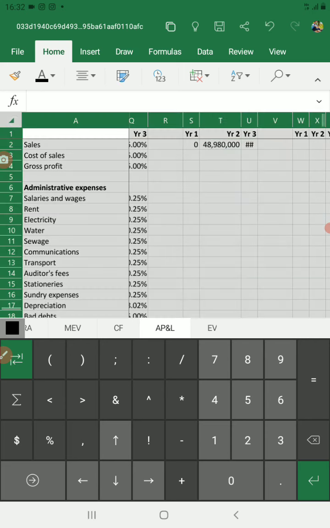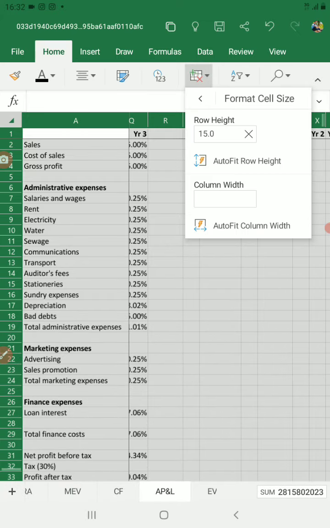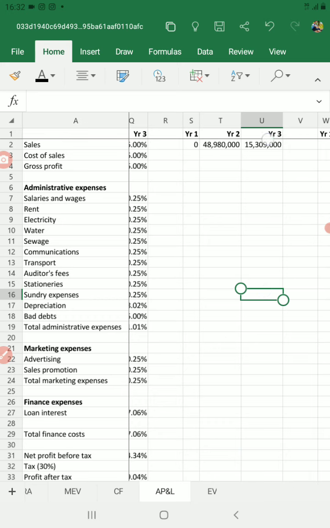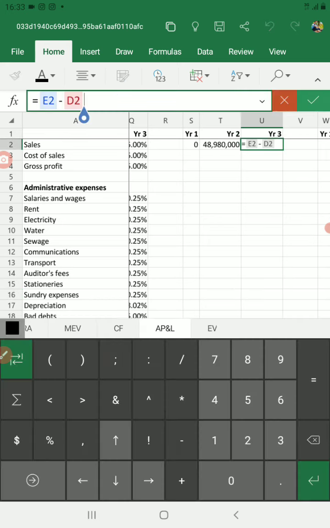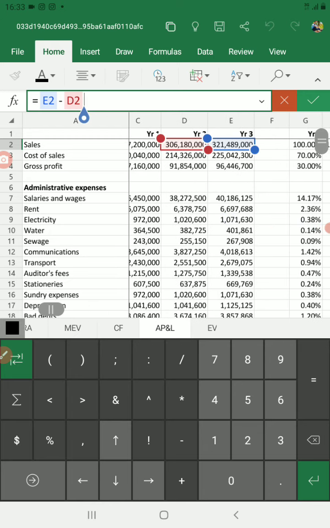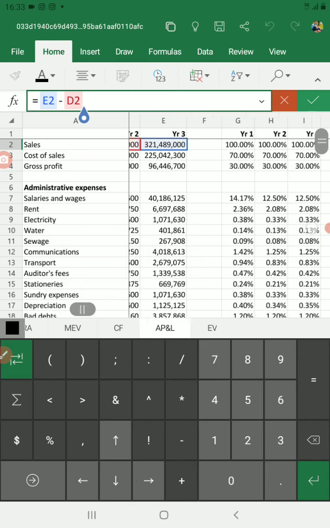Let me again autofit the column width so that we see. So year 3, for example, if I click here and in the formula bar, we see that we have taken the figure for year 3 minus the previous year, that is year 2.